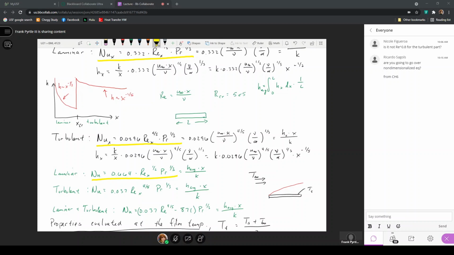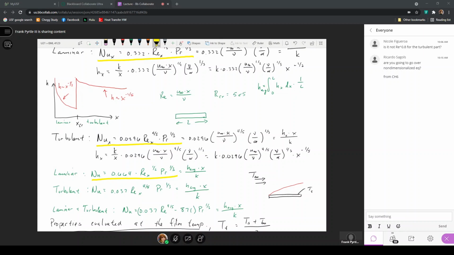So you have a different functional dependence that is integrated to get the answer. That only applies to the laminar flow region with regard to the average value being twice the value at the trailing edge.